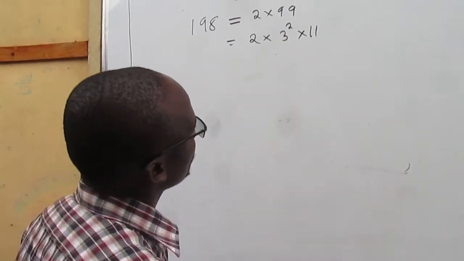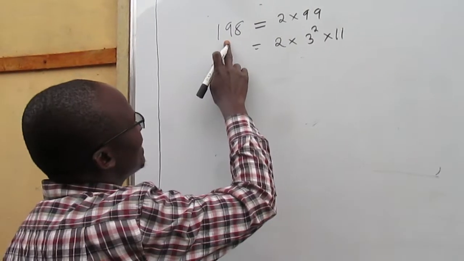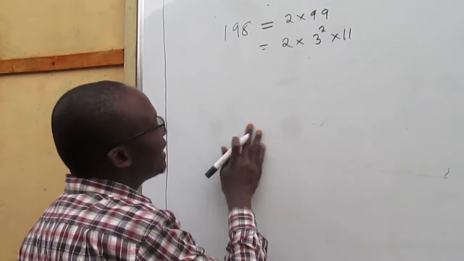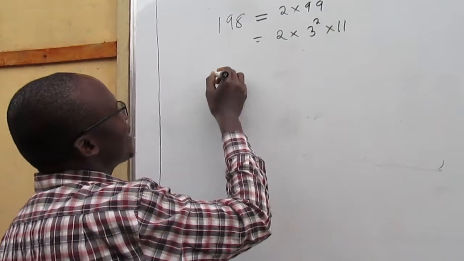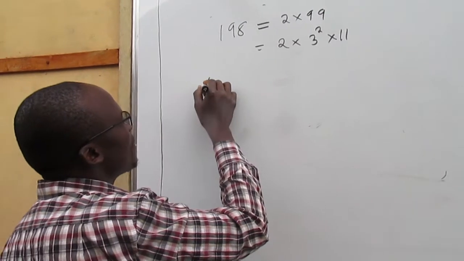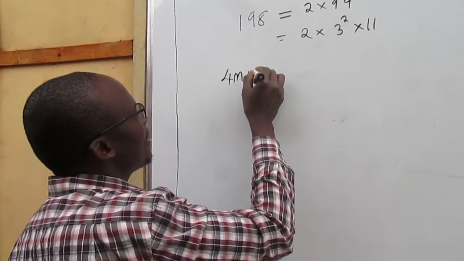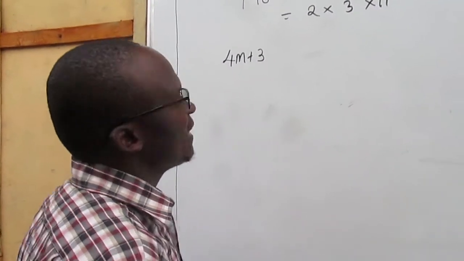Now there's a theorem in number theory that a number is expressible as a sum of squares if all the prime factors occurring in its prime factorization which are of the form 4m plus 3 occur in even powers.